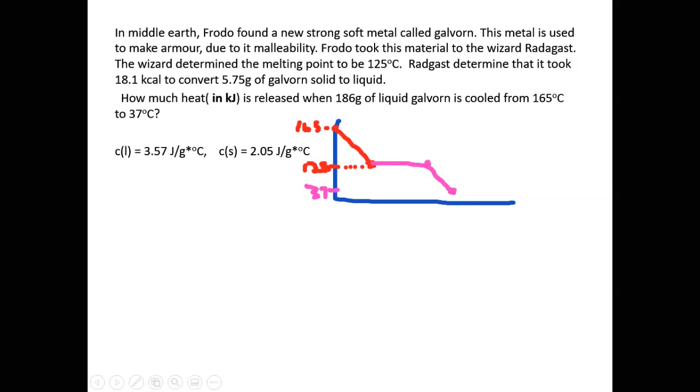So we see from 165 to 125, it's a liquid. At 125, we go from a liquid to a solid, so that's a phase change. And then from 125 to 37, we're in the solid phase. So we have 3 different Qs to calculate.